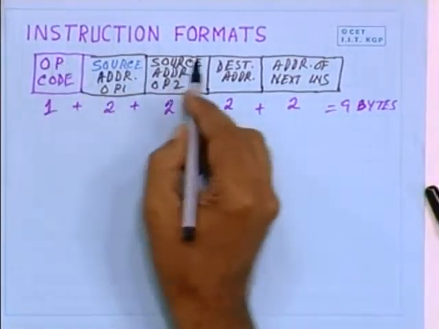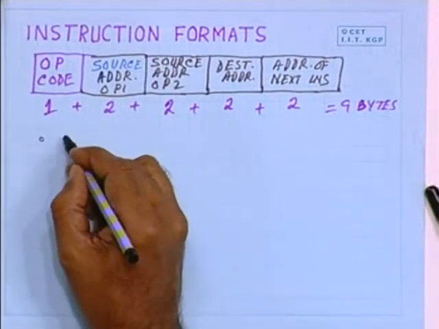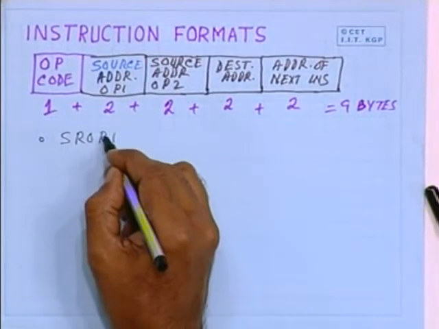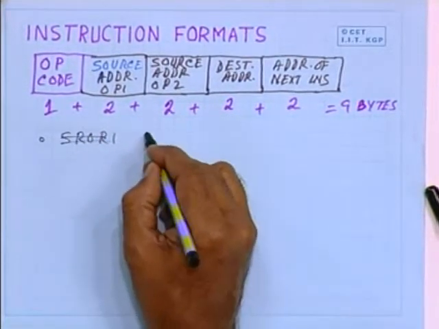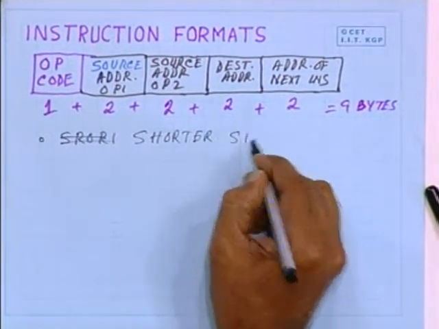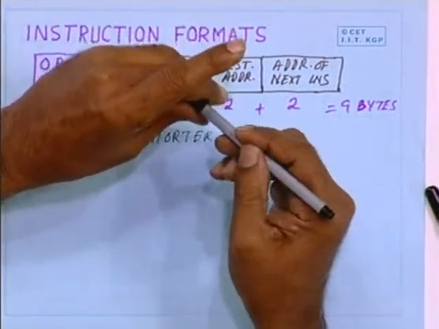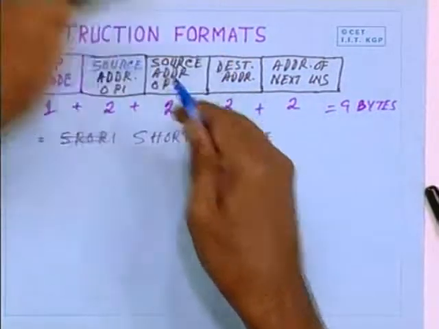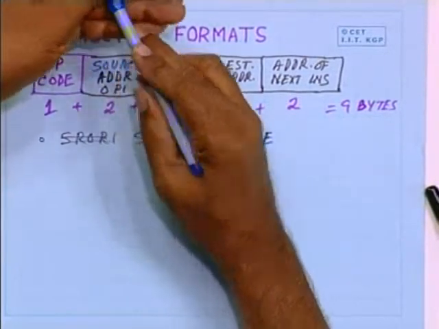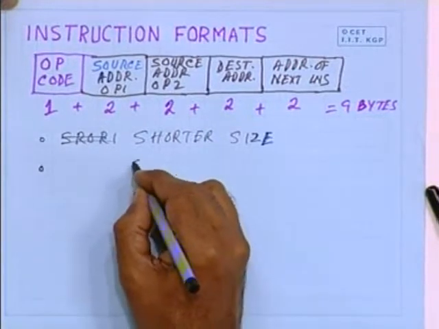So the basic objective of a realistic instruction format is shorter size, that means each instruction does not require a large number of bits to represent, and also it should take a shorter time to execute.